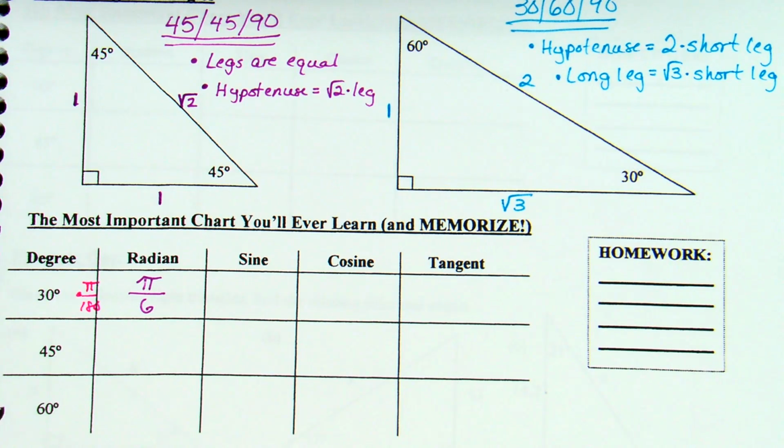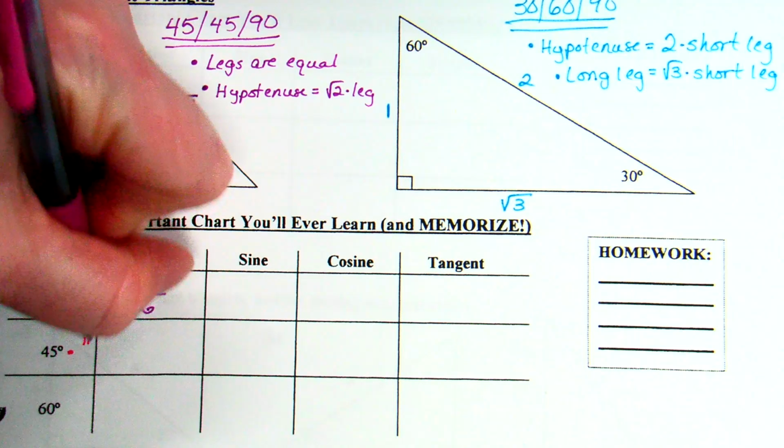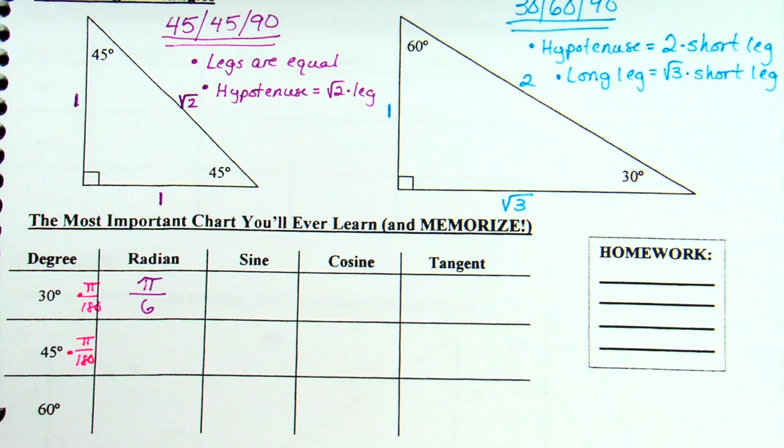Let's go ahead and get these done. 45 degrees. What is 45 degrees? If you multiply by pi over 180, or you can kind of guess looking at the unit circle over there. Pi over what? Pi over 4.